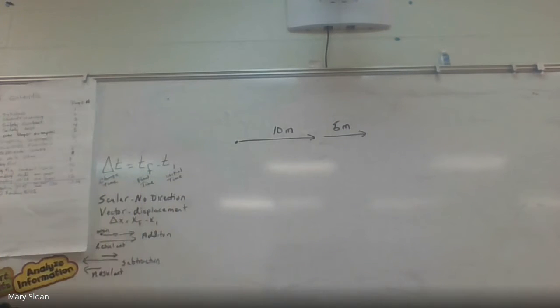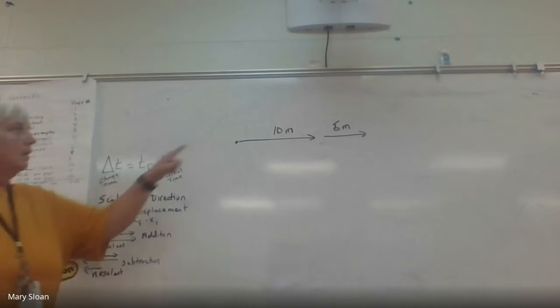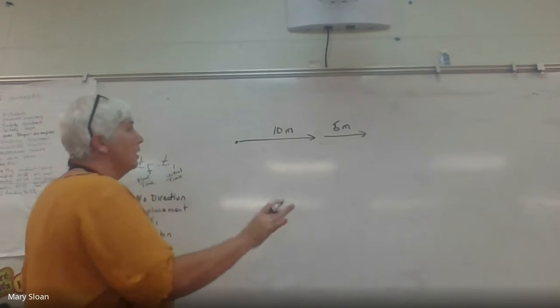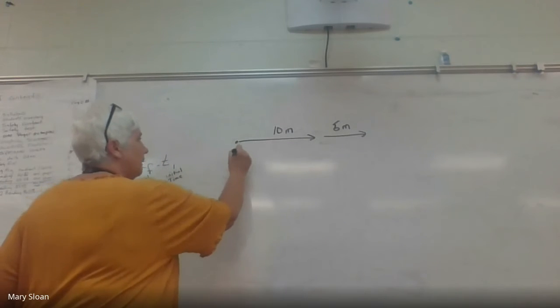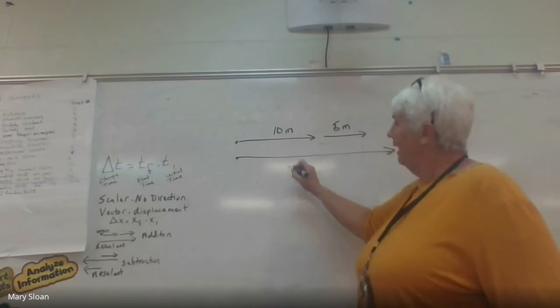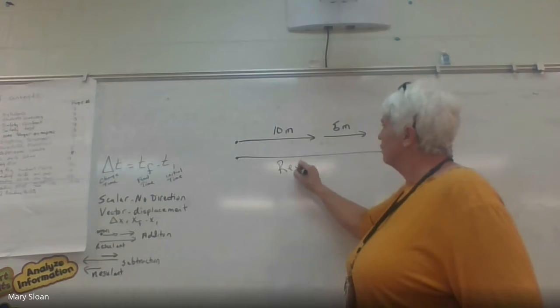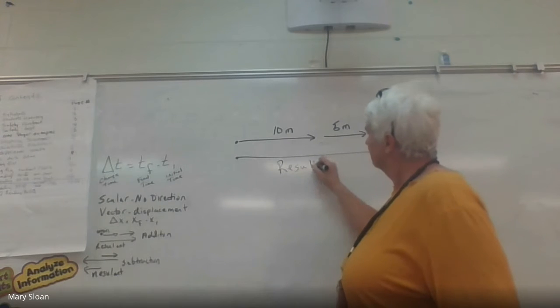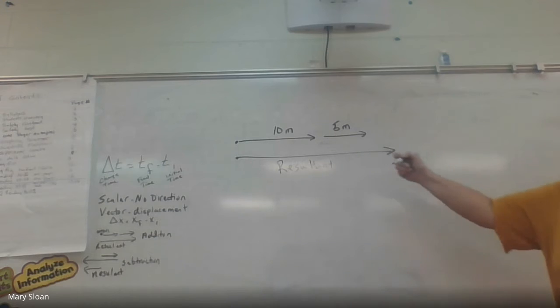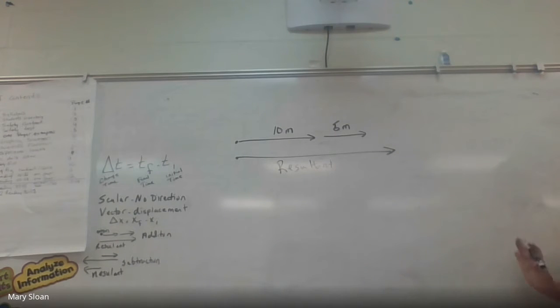It's asking how far did they go. This is the addition. So in the book, it had that, and then it had that, and they wrote it down as resultant. The resultant is the complete total length of the arrow.